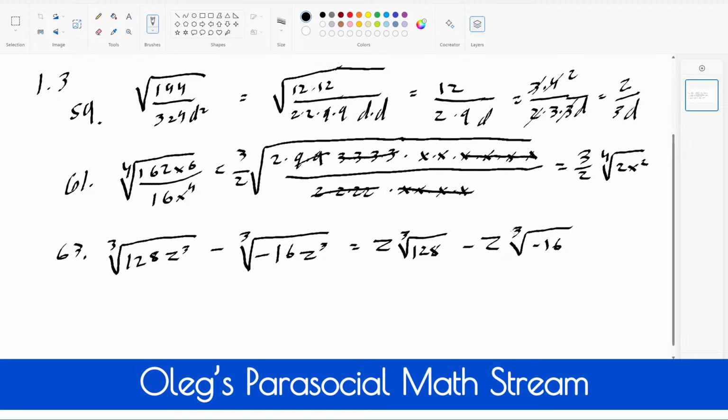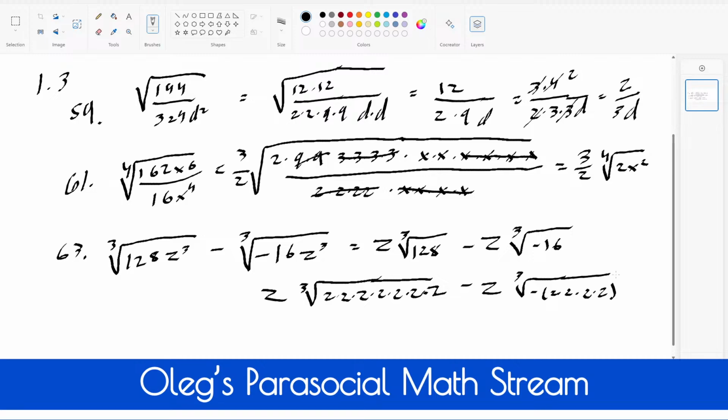And that's correct, that's 2 to the 7th. And 16 is 2 to the 4th. So we have z, then we have 1, 2, 3, 4, 5, 6, 7, minus z, cube root of negative 2 times 2 times 2 times 2.